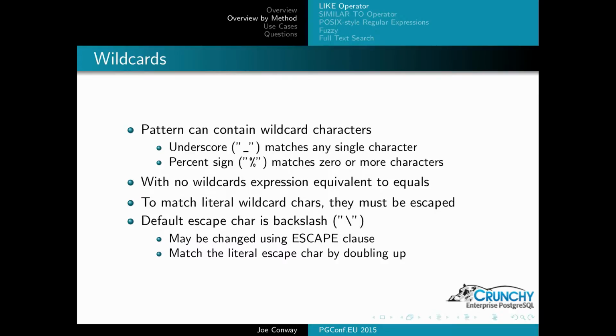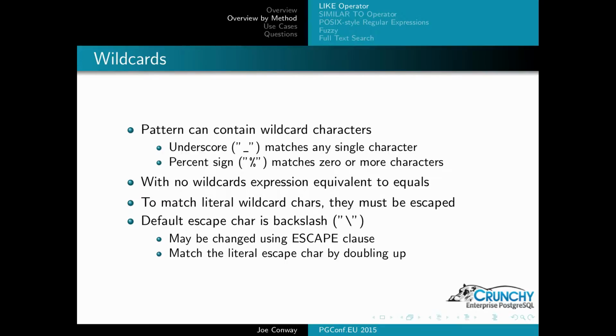Wildcards in like: you're probably familiar with this, but we'll go over it quickly. An underscore matches any single character, and a percent matches zero or more characters. If there are no wildcards, the expression is more or less equivalent to an equals. Someone pointed out in my talk that it's not semantically exactly the same as equals, but for most intents and purposes, it's effectively the same.